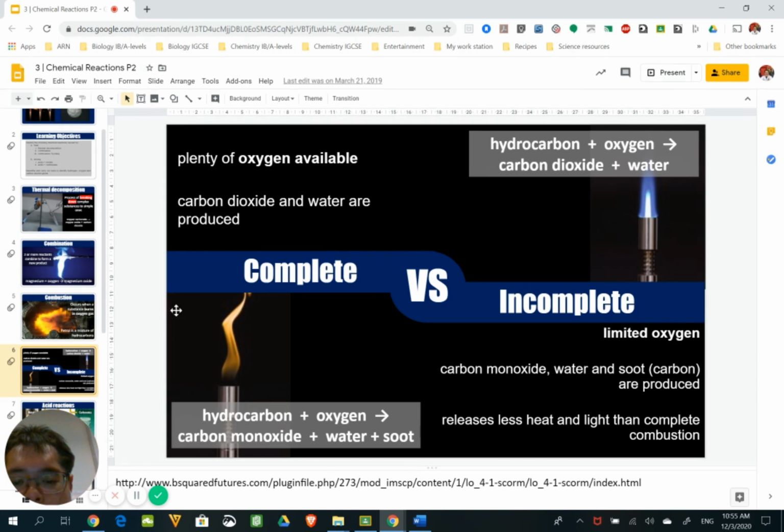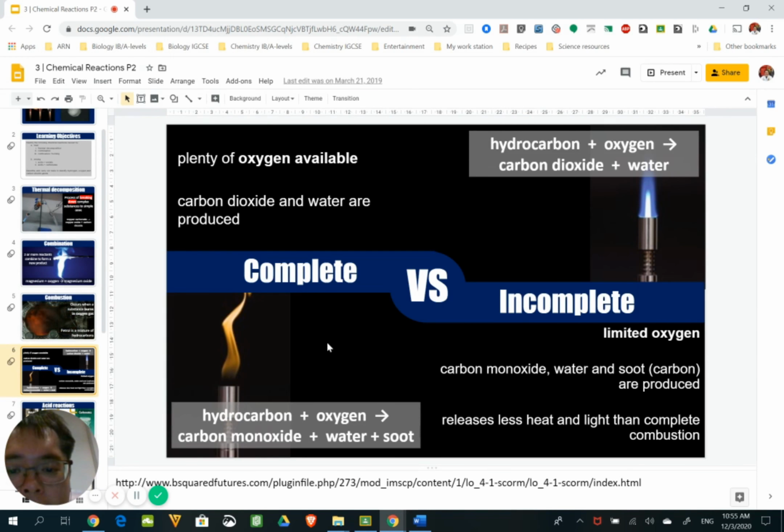The bottom part here is the incomplete combustion for you. Okay, so for an incomplete combustion, it basically has limited oxygen. So as a result, your products produced are different. Carbon monoxide, water, and soot. Soot is actually the black carbon powder that you see that's been formed. All right, and it will release less heat and light than complete combustion.